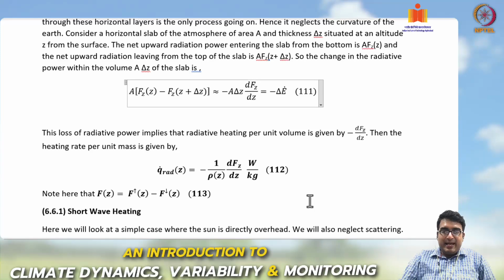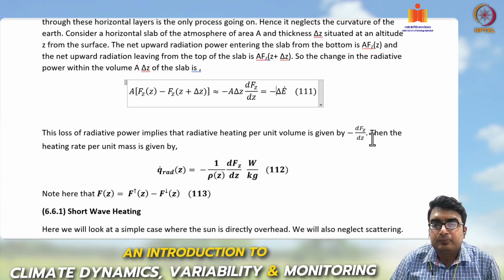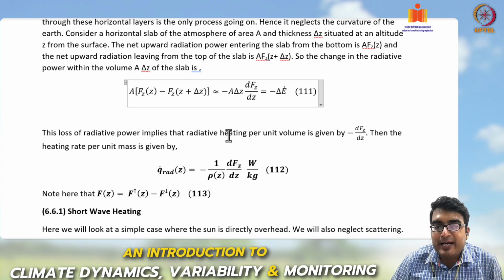Then the heating rate per unit mass is given by delta E dot, dFz/dz by rho z. Let's understand this. This is the net radiative heating per unit volume, right?